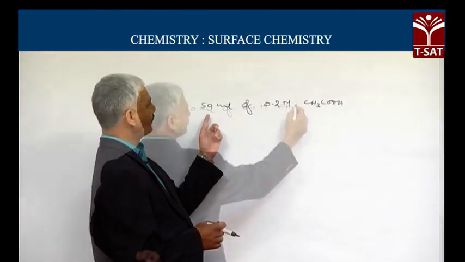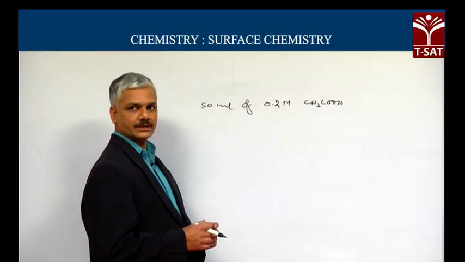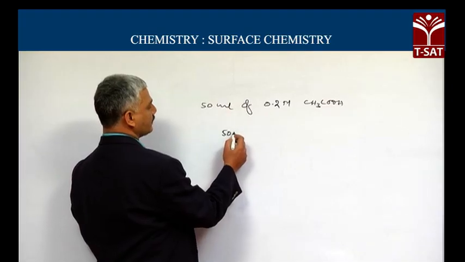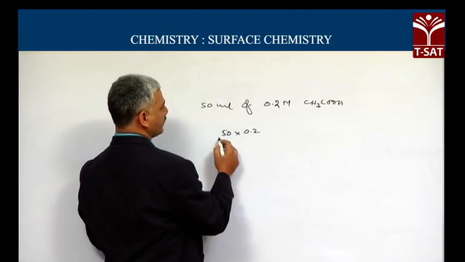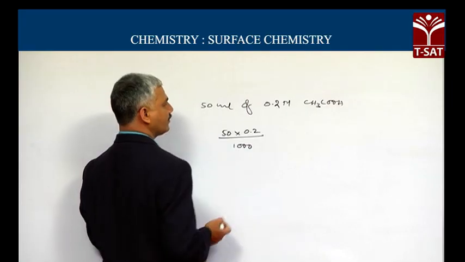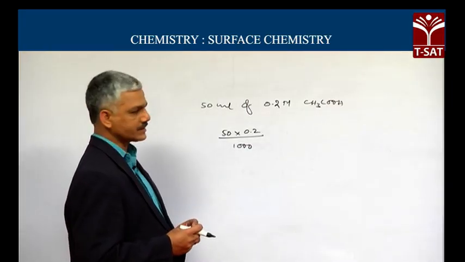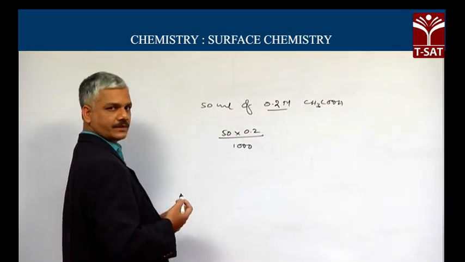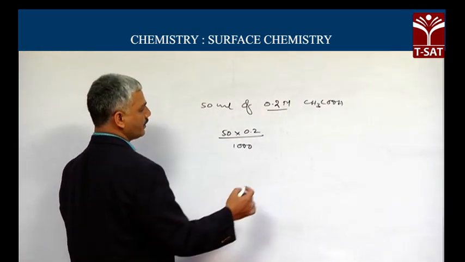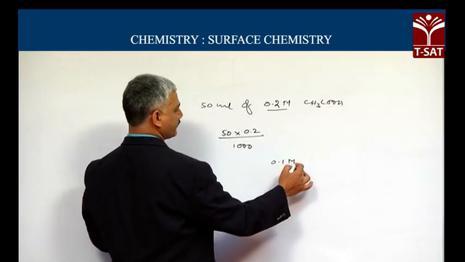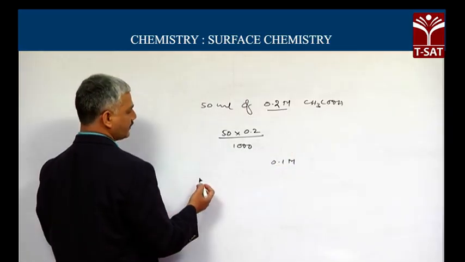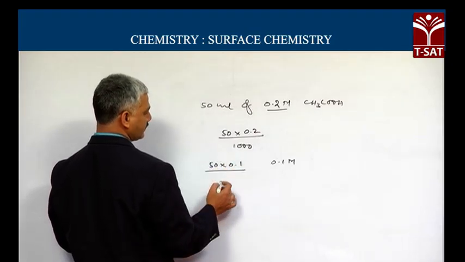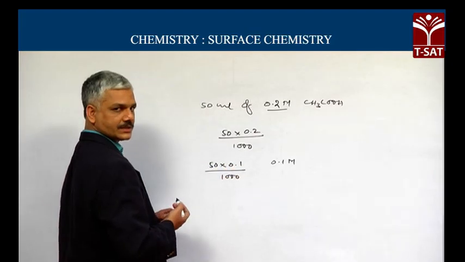42nd question. 50 ml of 0.2 M acetic acid solution consists of 50 into 0.2 by 1000 moles of acetic acid. At equilibrium, the concentration is reduced from 0.2 to 0.1 M. Therefore, number of moles of acetic acid at equilibrium is 50 into 0.1 by 1000.